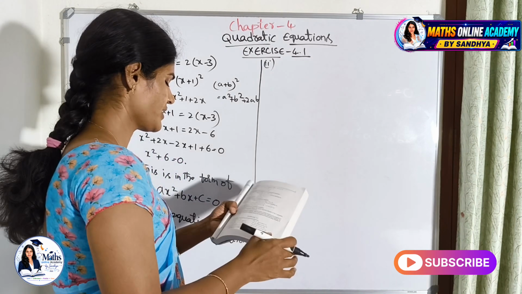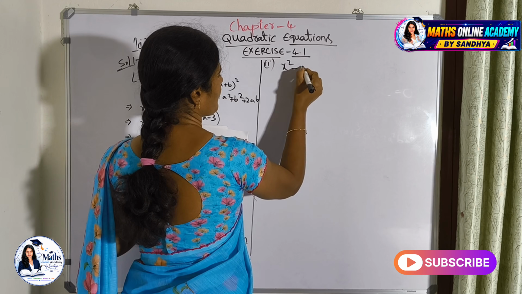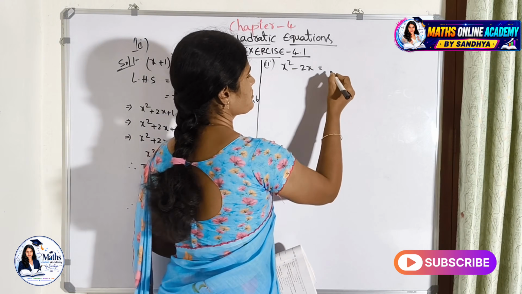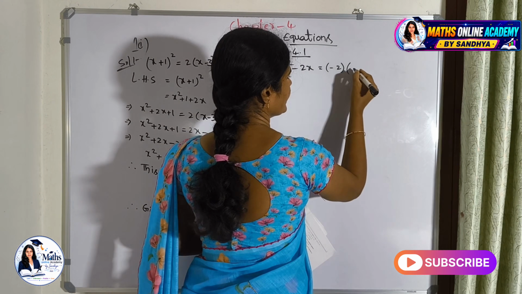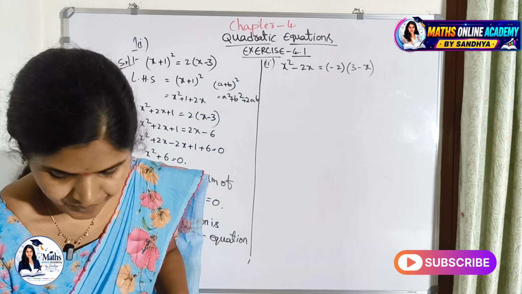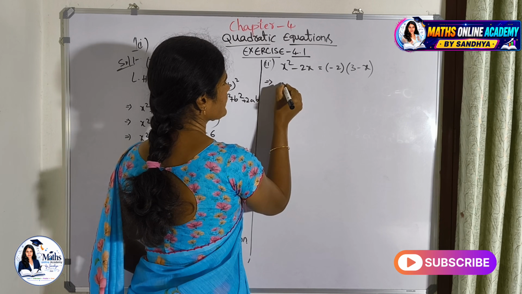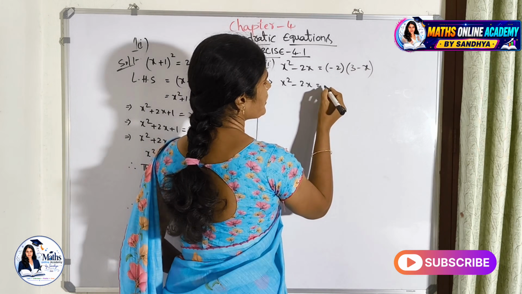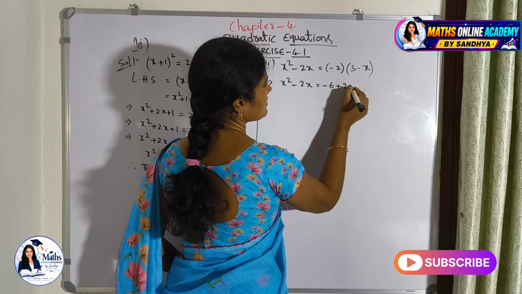What is the second question? x square minus 2x equal to minus 2 into (3 minus x). Let's take. That implies x square minus 2x equal to, you multiply, minus 6, minus into minus plus 2x.